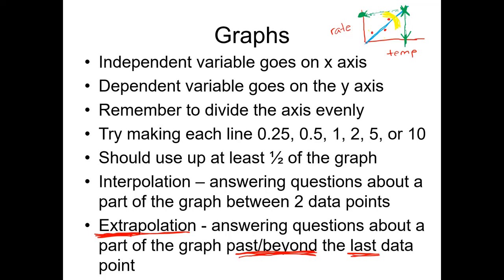I'm not asking you about a part of the graph that's between the collected data. I'm asking you about a part of the graph that's beyond the collected data. So anytime you're looking at a part of the graph that is past the very last data point that you've collected, that is called extrapolation.